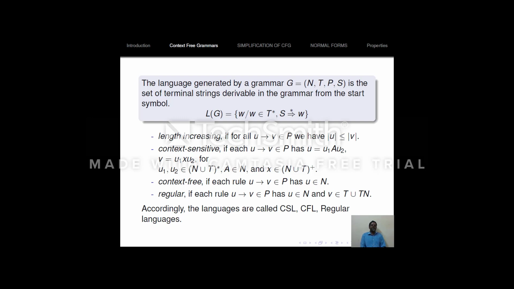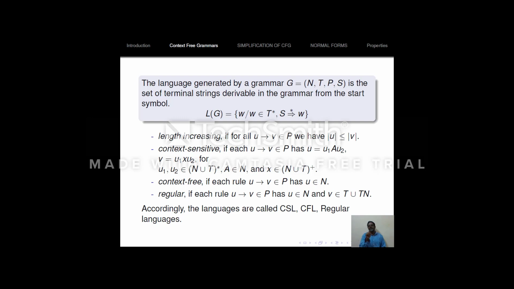It is usually represented like this: L of G is equal to the set of all w such that w is in T star. Here T star refers to the Kleene closure of T. That is, w is made up of symbols exclusively from T, and w should be derivable from S, that is, S derives w.